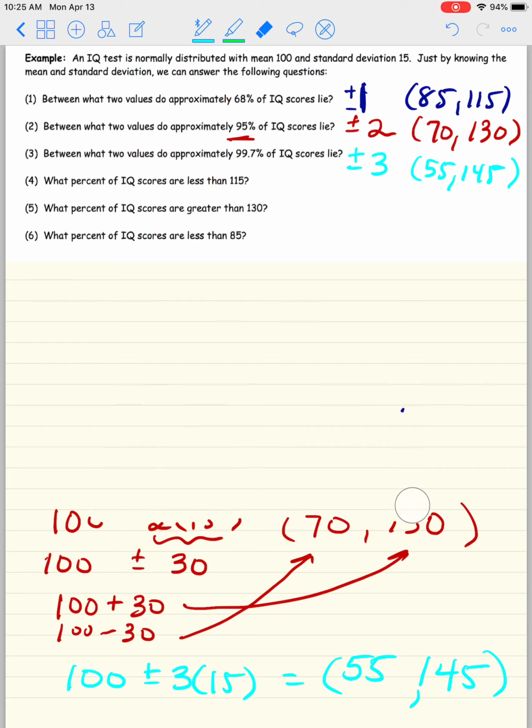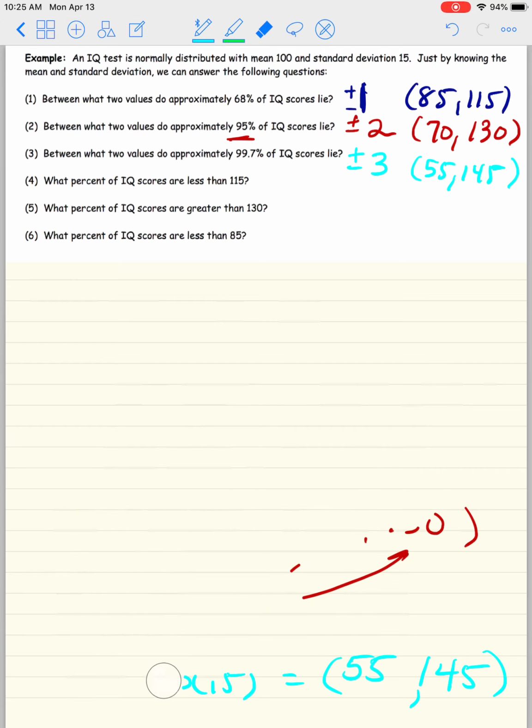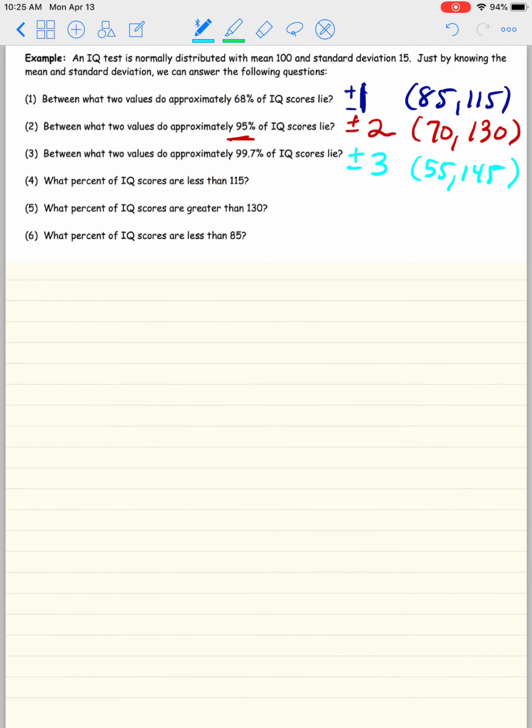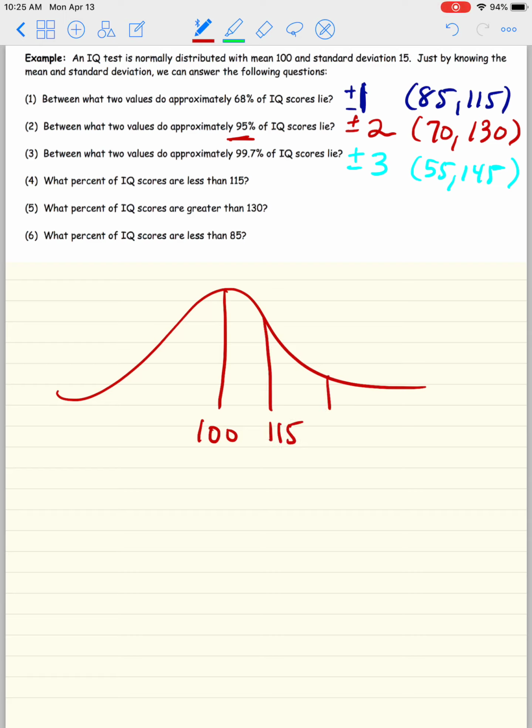And it says what percent. Okay, so now they're talking about percentages. I should have drawn my normal curve like we should always do. Let's get a different color. 100 is the average. That goes straight down. That's 115 because I'm adding the standard deviation 3 times.